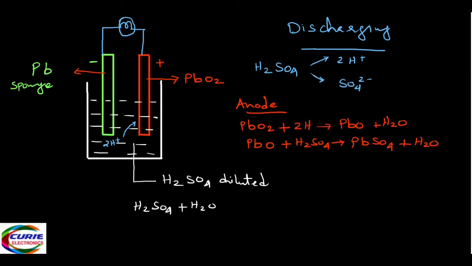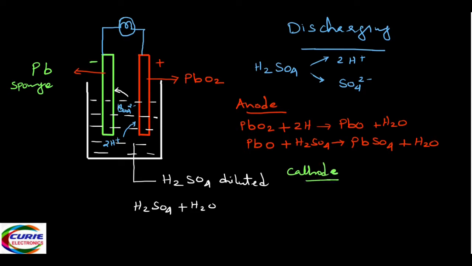Now at the cathode, what happens? What ions move towards the cathode? This is the discharging cycle, okay. SO4 2 minus ions move towards the cathode. Now we'll see what is the reaction at the cathode.